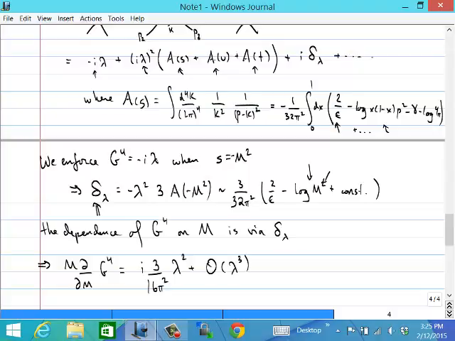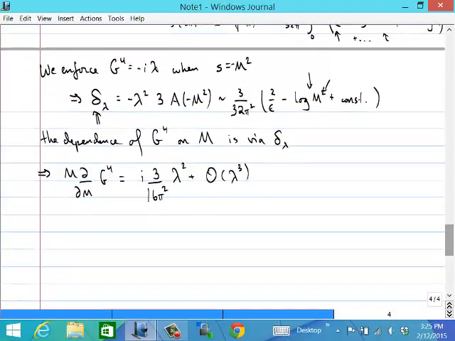And we should compare that to what we expect from the Callan-Symanzik equation. So that should be minus beta d by d lambda plus 4 times gamma times G4.